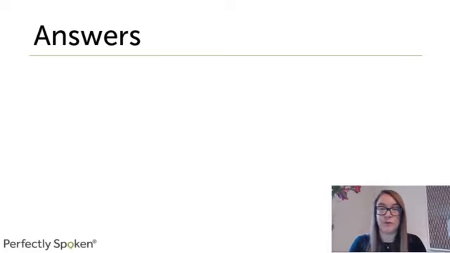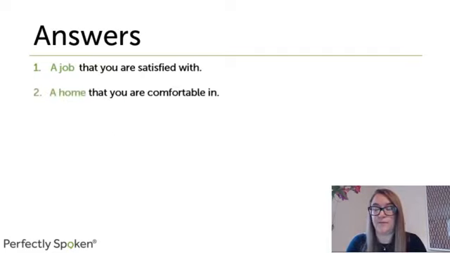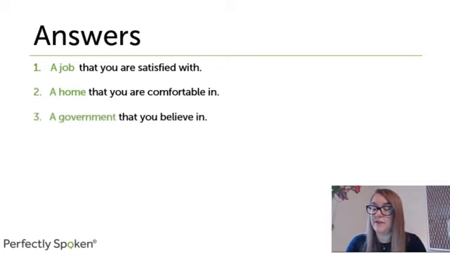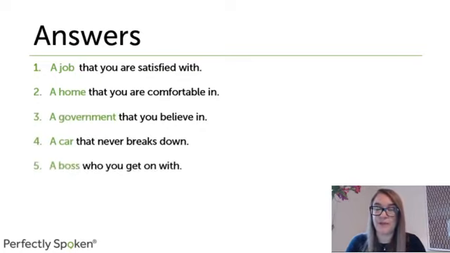Let's check our answers then. So the first one: a job that you are satisfied with, a home that you are comfortable in, a government that you believe in, a car that never breaks down, and a boss who you get on with.